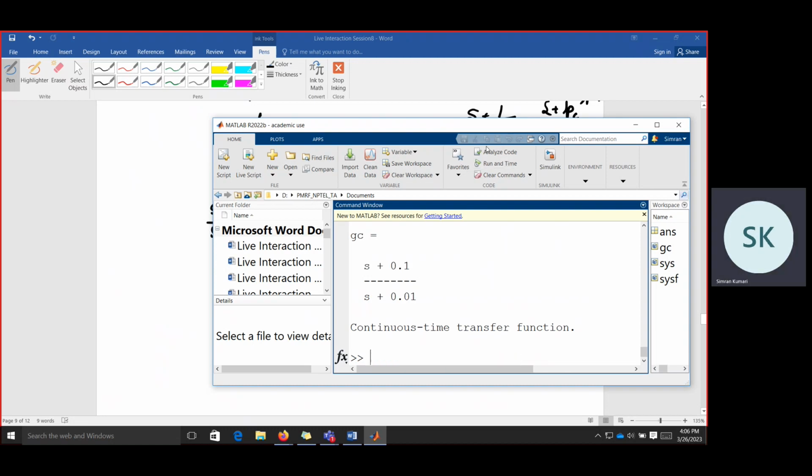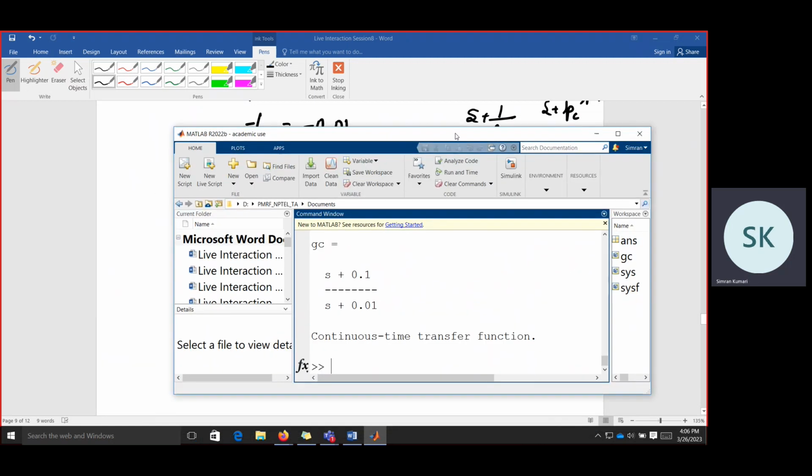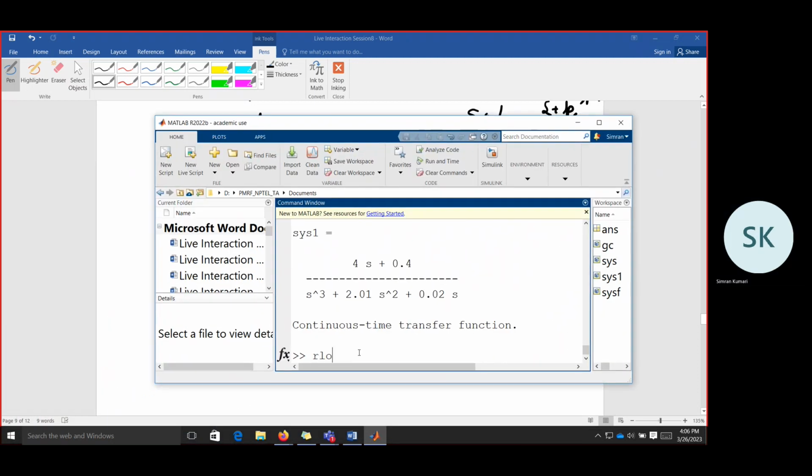Okay. Now these two are in cascade, so we'll just multiply these two and we'll get the open loop transfer function. So this is G star GC, and we get this one. Now we have to plot the root locus.